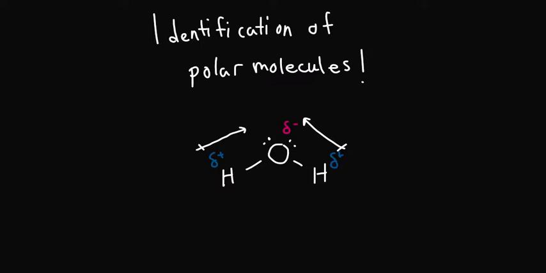So let's take a look at how we're going to go about it. So in this video, we're really going to just do a lot of examples. But first I want to set up the framework of the thought process that we go through in order to assess whether a molecule is polar or nonpolar.